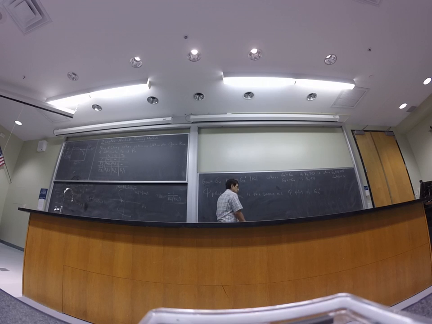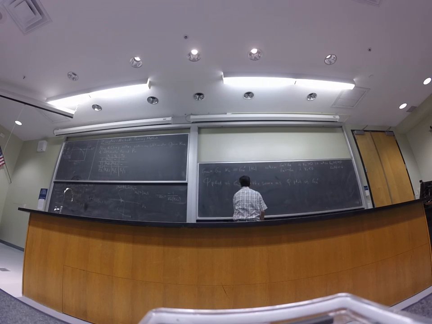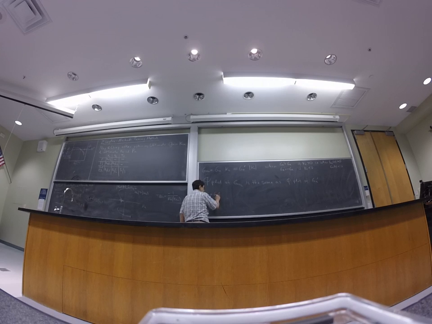Remember, I showed you before that if I have G equals G1 times G2, the magnitude of G is the product of the magnitudes, but the argument of G is the sum of the arguments.